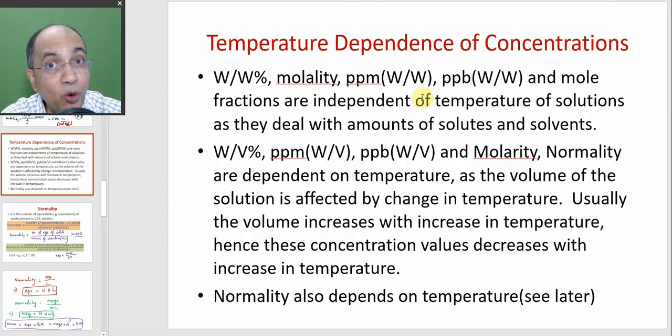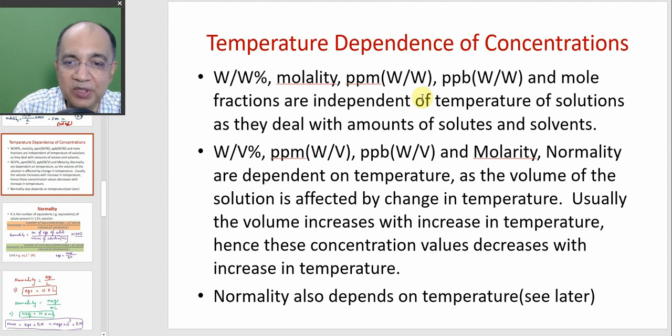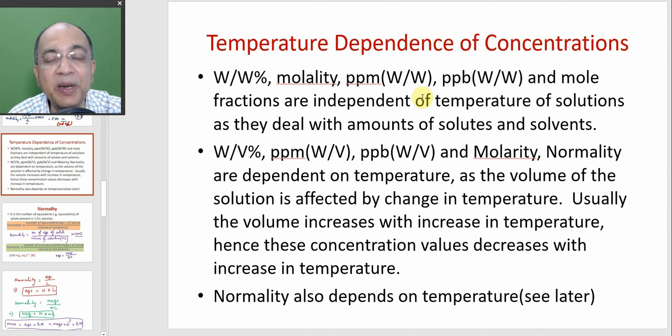Now the most important factor is the temperature. Since W by V percent, ppm W by V, ppb W by V, molarity, normality, which we shall study just now, are volume dependent, therefore these concentrations differ. They in fact decrease mostly with increase in temperature, because there is a volume expansion. When temperature increases, there is a volume expansion, and 1 liter will no longer remain 1 liter.